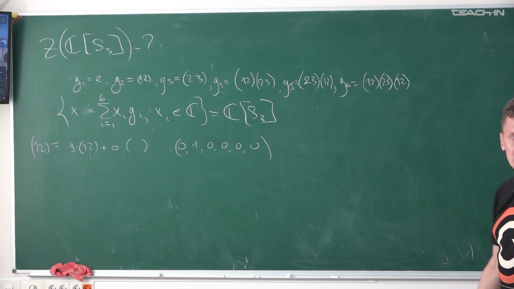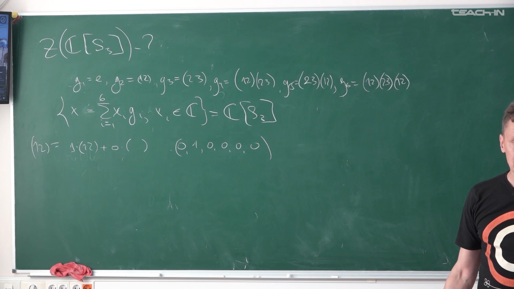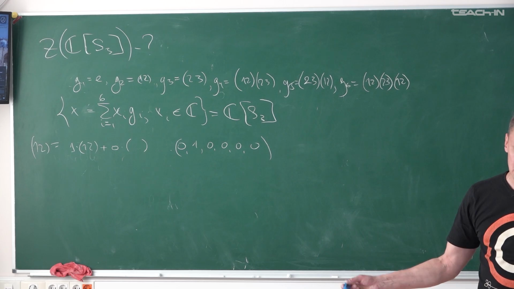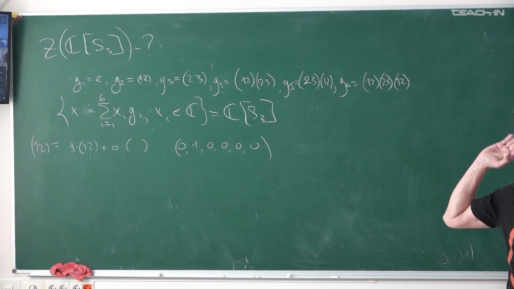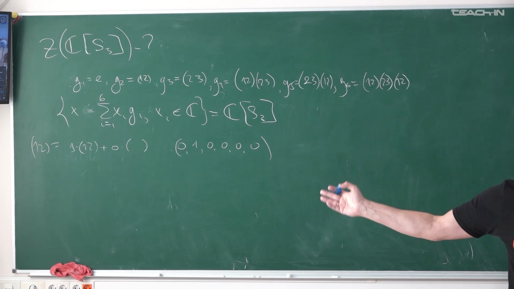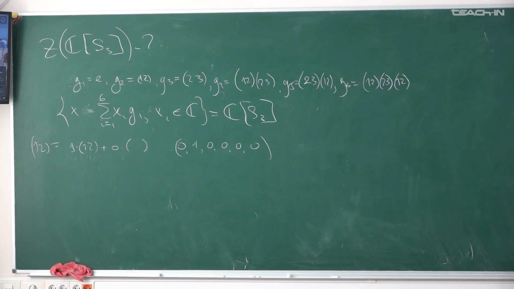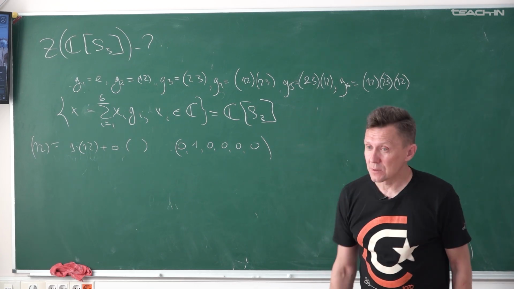So it seems like all the generators themselves will not commute, except the unit element. But there are linear combinations. I propose just to consider the generic linear combination and to find the conditions on the coefficients guaranteeing the commutativity.